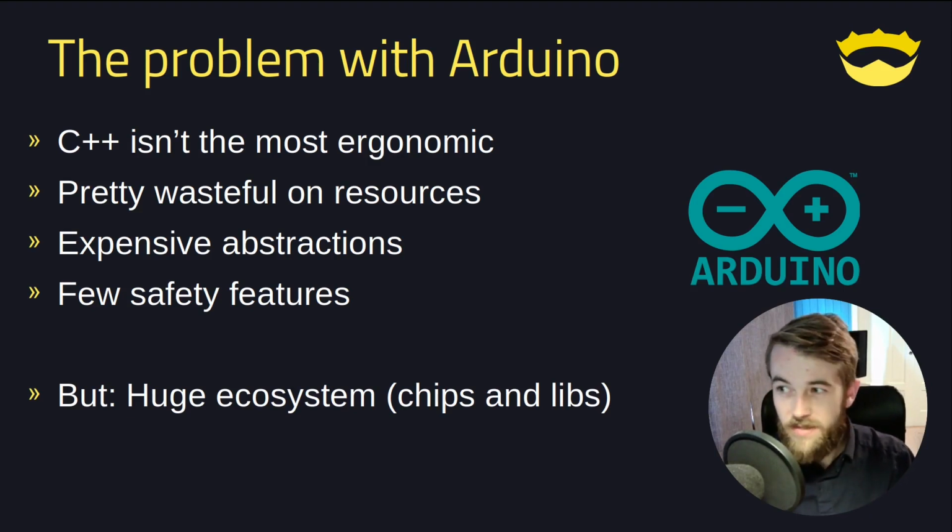It also has few safety features, and this is partially because we're trying to optimize for program size. So for example, back to the Arduboy example, it has sprites and stuff like that. And sprites are stored in program memory.